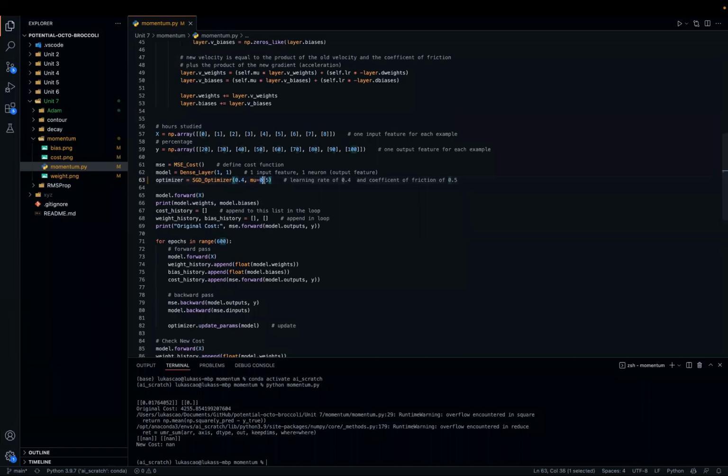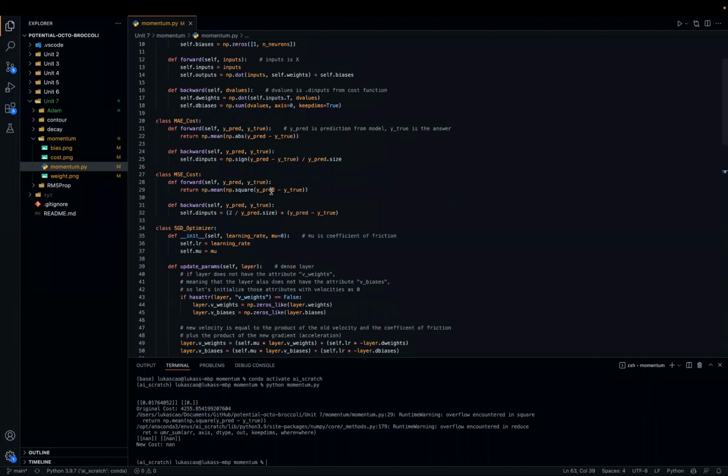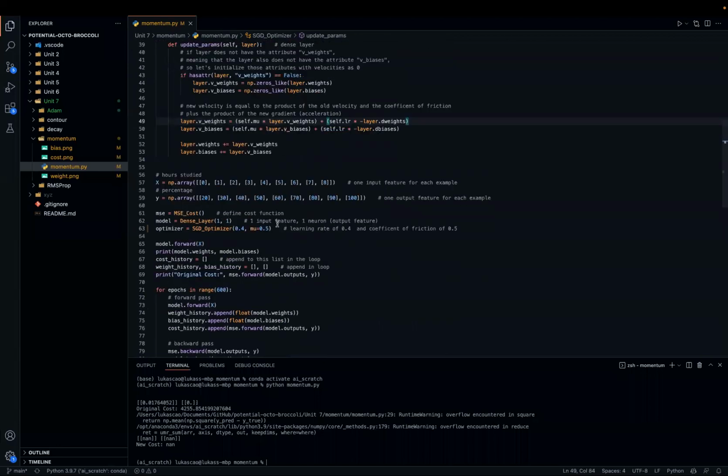Mu is the coefficient of friction. So if you have momentum, your velocity on every update is going to change by your current velocity plus how much acceleration you add by your derivative. So let's run this.